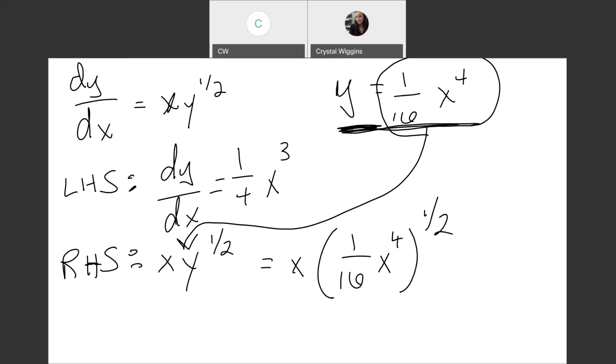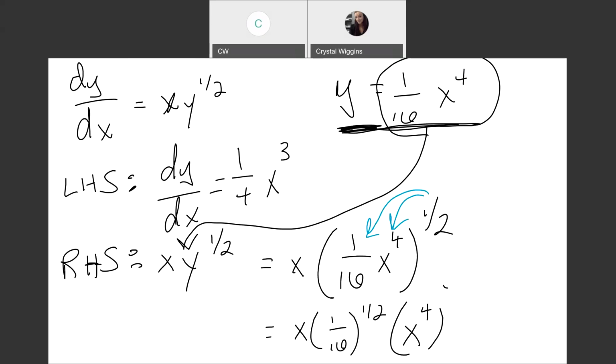Now, laws of exponents allows me to distribute the 1/2 power, which is essentially just a square root. So I get x times 1/16 to the 1/2 power times x to the 4th to the 1/2 power. Now, this gives me 1 over the square root of 16, which is 1/4. And now I have x, which is from the first part here, and x to the 4th to the 1/2.